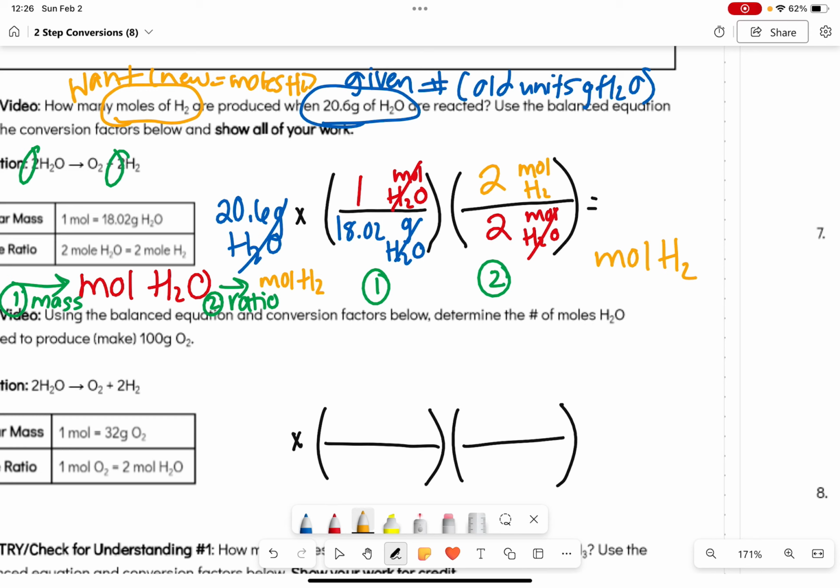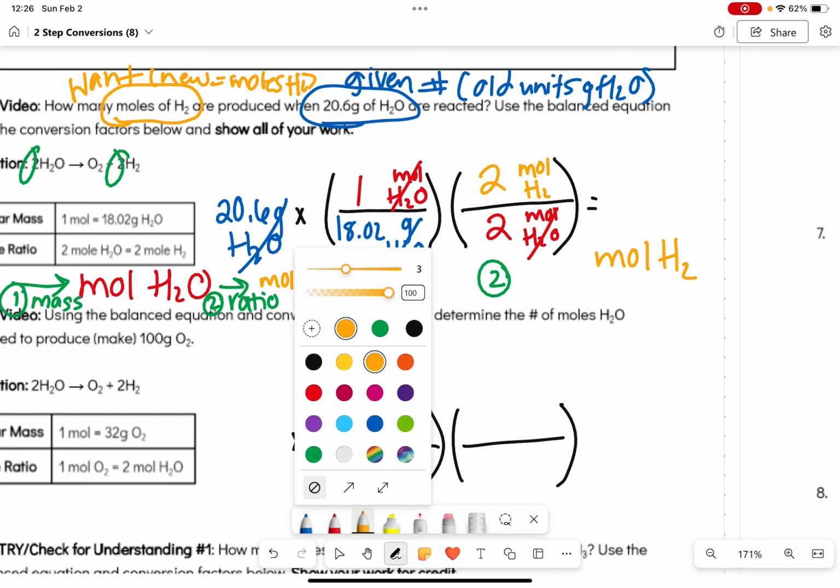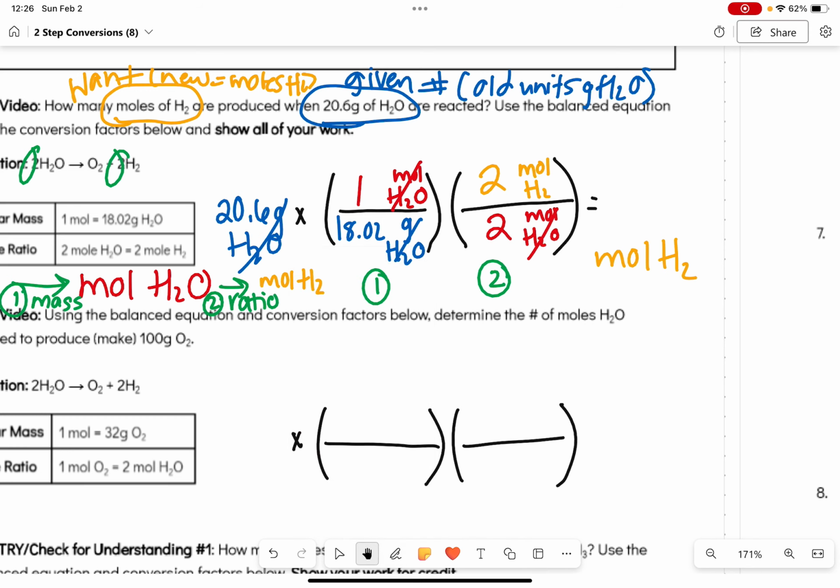When you go to put this in a calculator, you're going to put it in the same as before, except instead of hitting enter after your first parentheses, you are just going to add another set of parentheses. So it should look something like this: 20.6 times parenthesis top divided by bottom, so 1 divided by 18.02 parenthesis. Don't hit enter here.